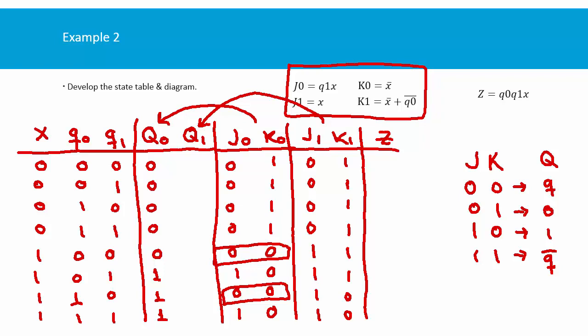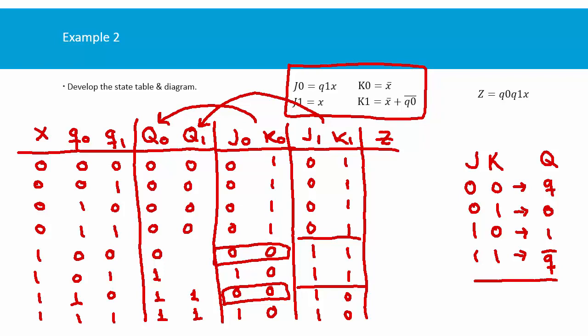Now we analyze Q1. For Q1 it's the same. We see that in this whole section it's a reset, so it's going to be 0. And below we have a 1, 0, which is going to be 1 over here, and a 1, 1. And remember, when we have a 1, 1, we're going to invert its previous state.